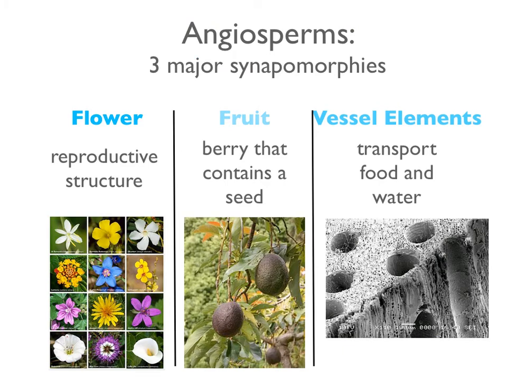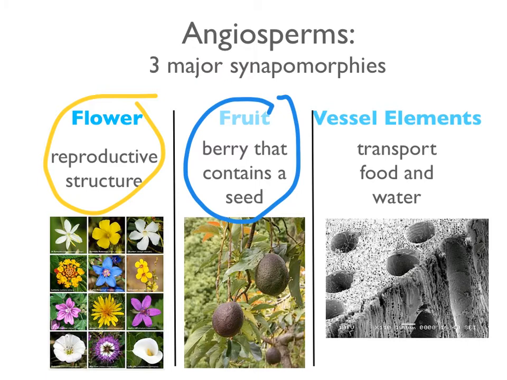So angiosperms have three major synapomorphies. They have a flower for the reproductive structure. They have a fruit.